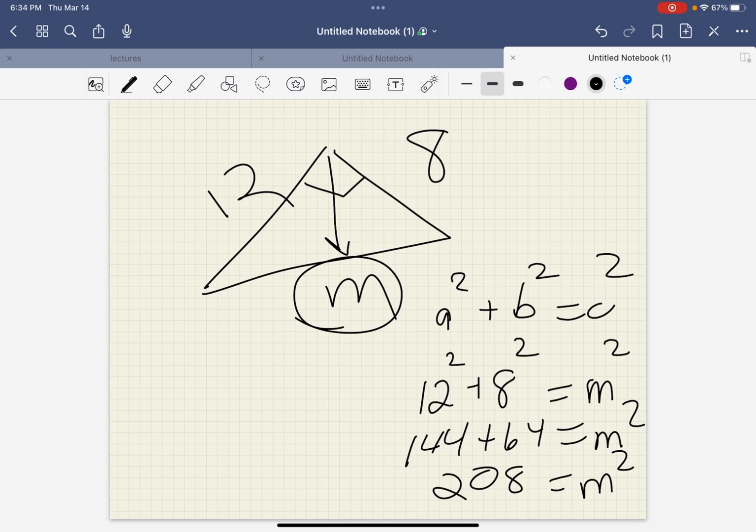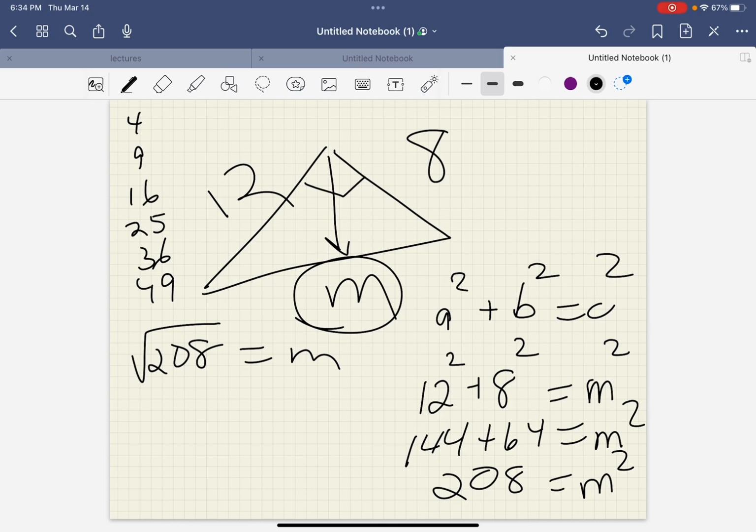Okay, so 208. Take the square root of it, it's the square root of 208. Now we need to figure out, will that simplify? So our list of perfect squares is 4, 9, 16, 25, 36, 49.